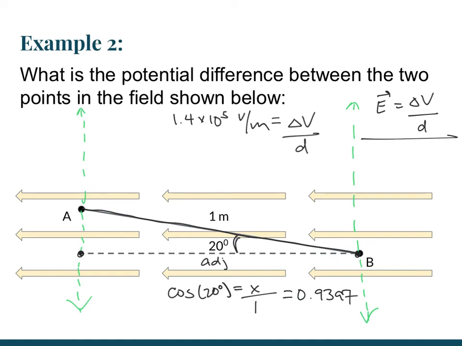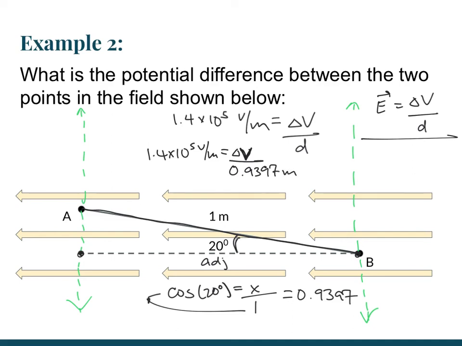0.9397. Okay, pretend I multiplied that over there. Okay, so we've got 1.4 times 10 to the 5th volts per meter equals delta V over 0.9397 meters.